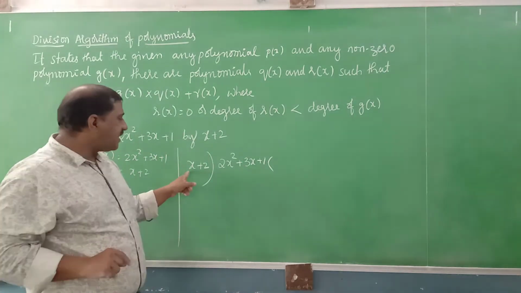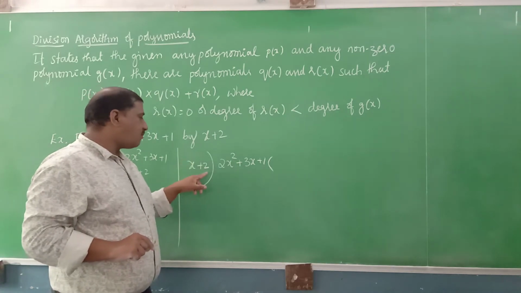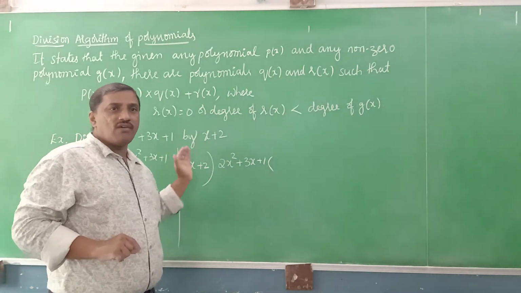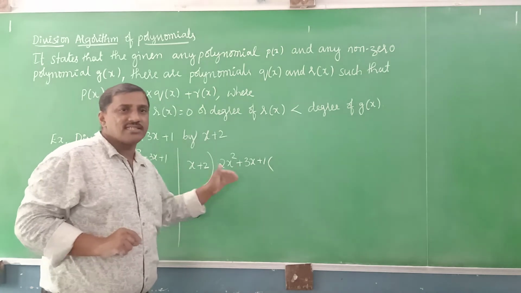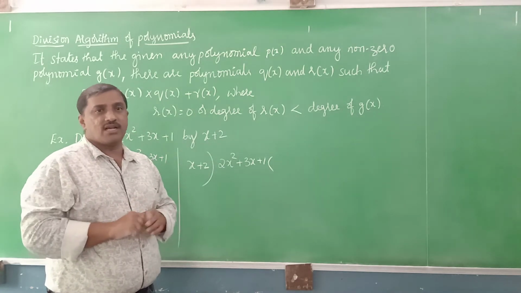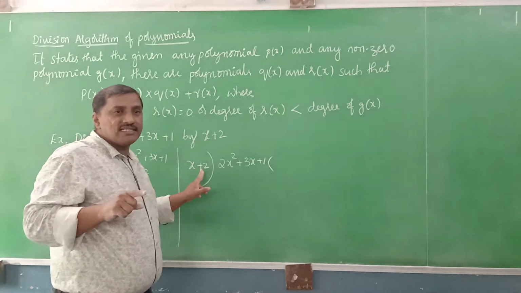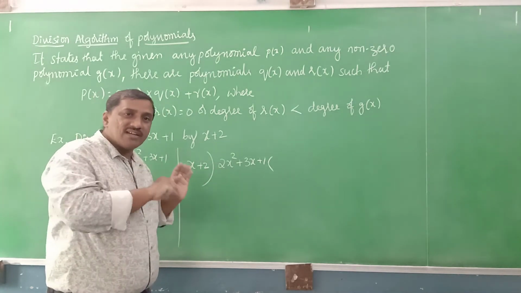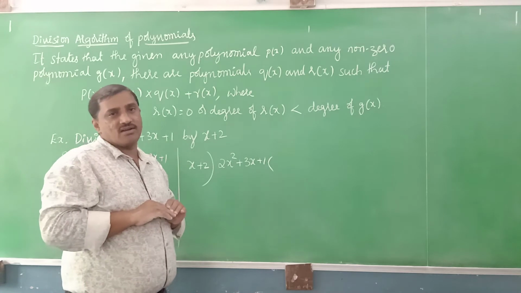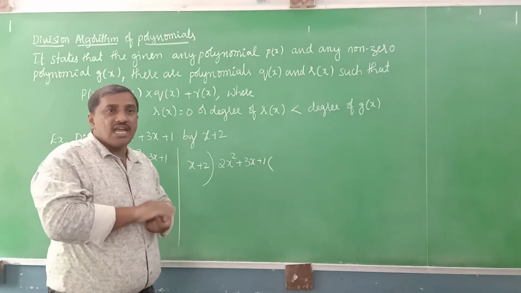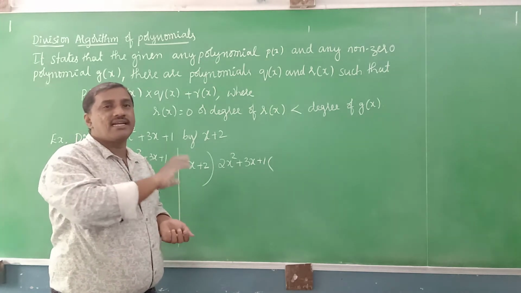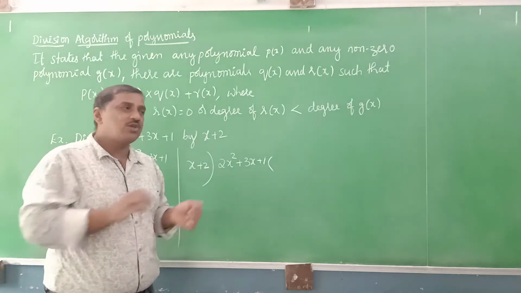What about the divisor? X power 1 plus 2 into x power 0. 1 and 0 are the powers, therefore it is in the decreasing order. So first, observe whether the dividend and divisor are in decreasing order of powers or not. If they are not, regroup them in decreasing order so that our division will be simpler.